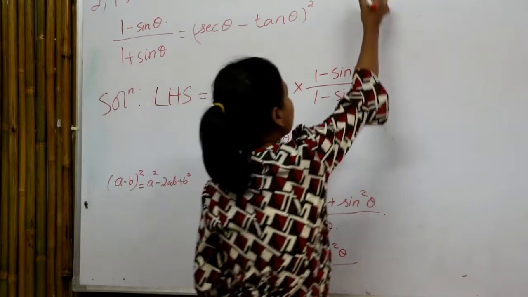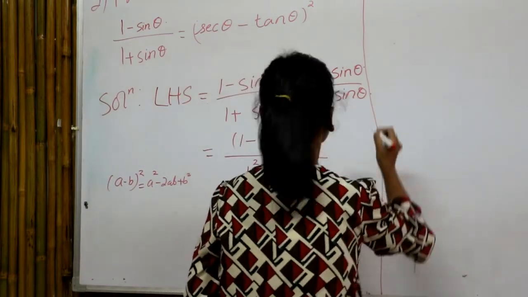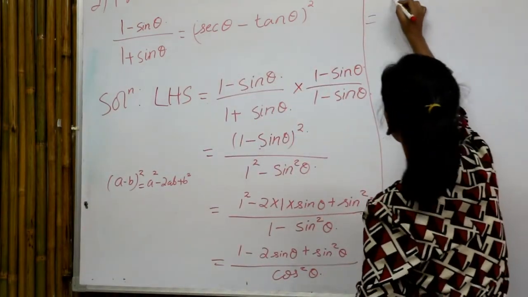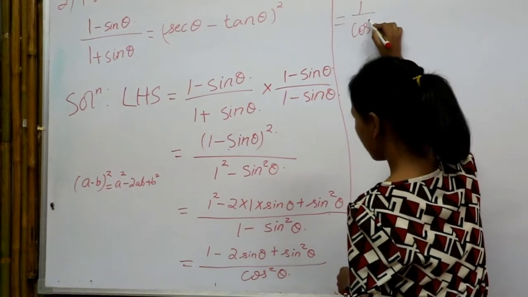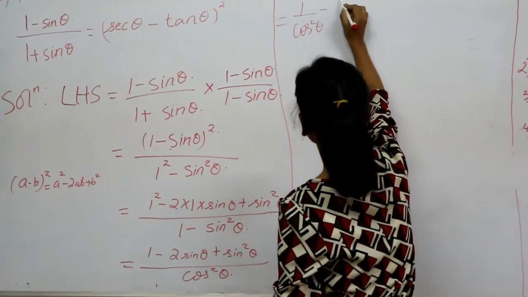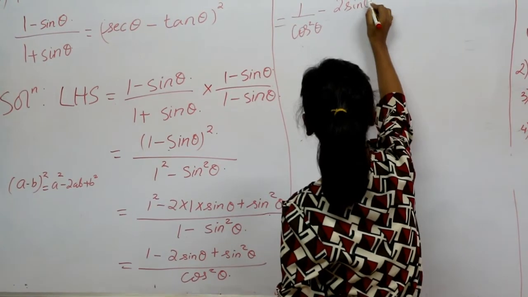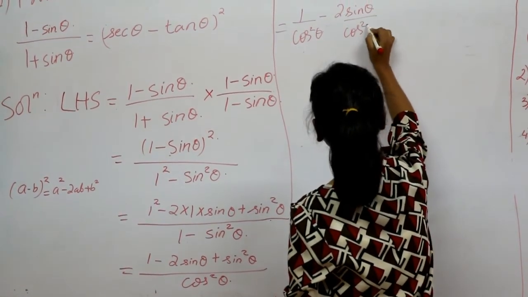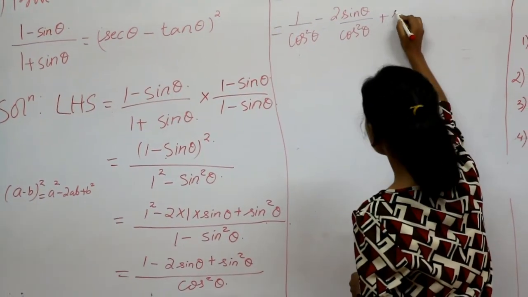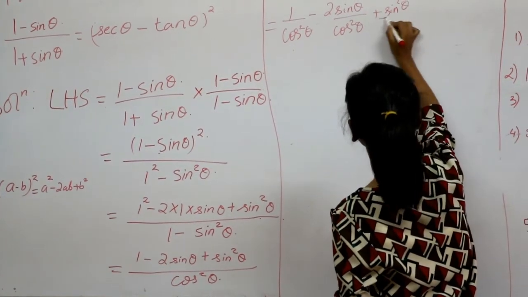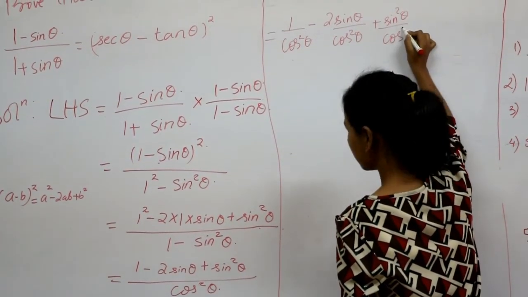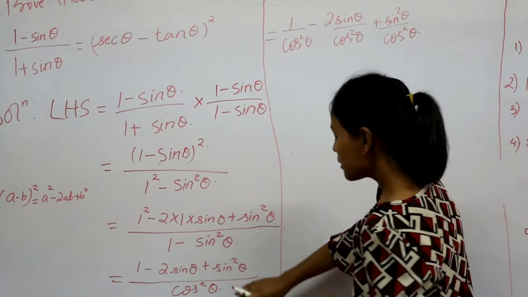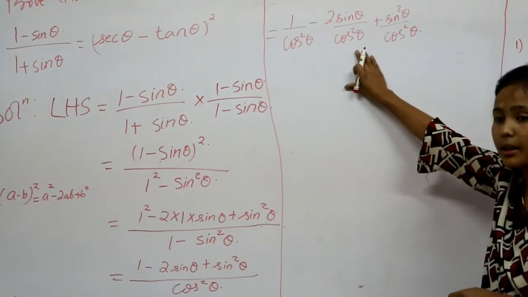Okay. The next step, we write 1 by cos square theta minus 2 sin theta by cos square theta plus sin square theta by cos square theta. You see, this one we can also write in this form.